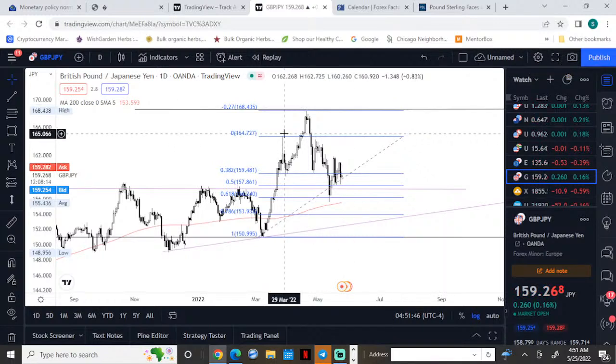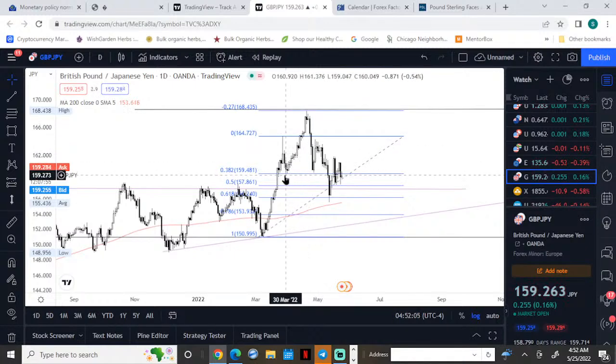Because even if I draw it here, it did come back down and gave me a point C, and it came TP1, TP2.